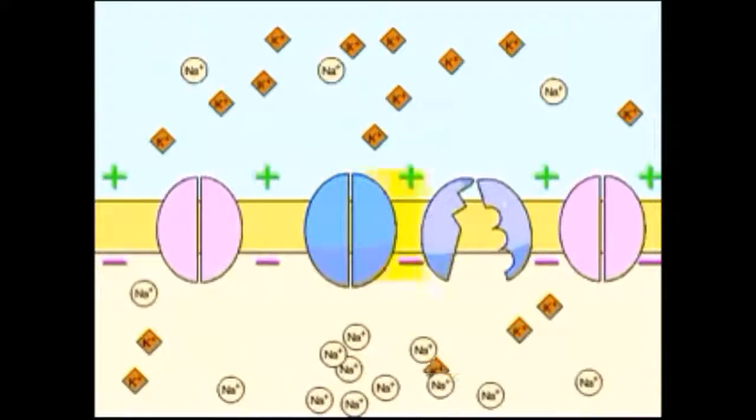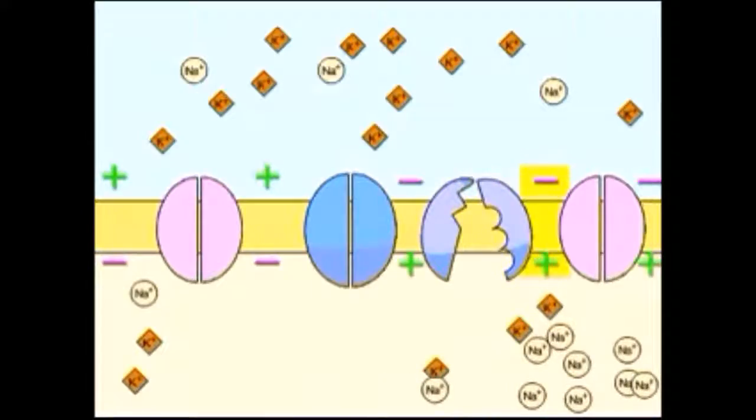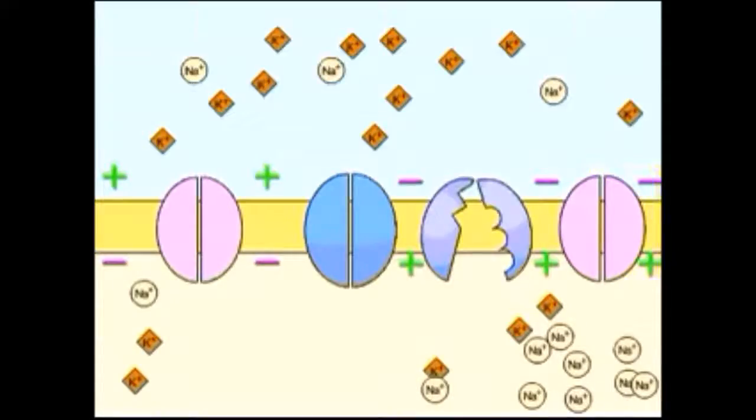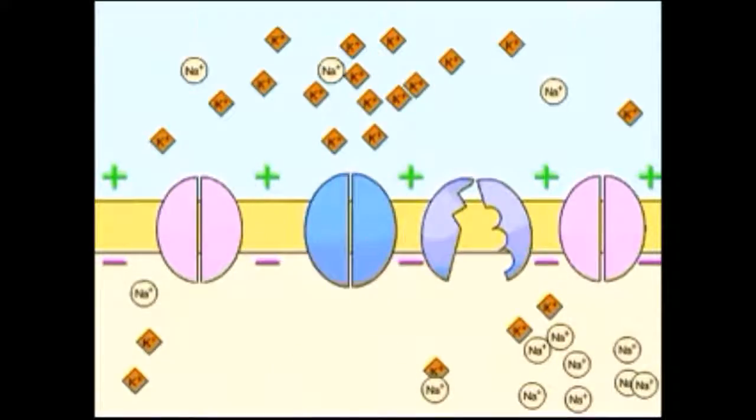Meanwhile, the sodium ions inside the cell have diffused to adjacent areas, causing a slight change in the polarity of the membrane ahead of the action potential.